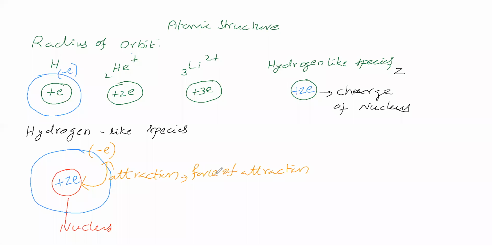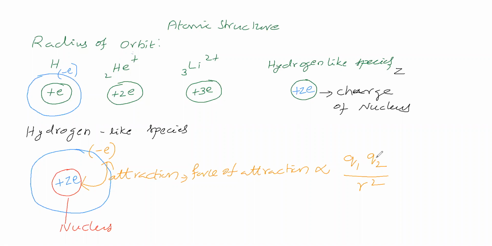Sir, force of attraction between two bodies is directly proportional to charge of one body into charge of another body, by distance between two bodies square. Okay, force of attraction between any two bodies is directly proportional to Q1, called charge of one body.